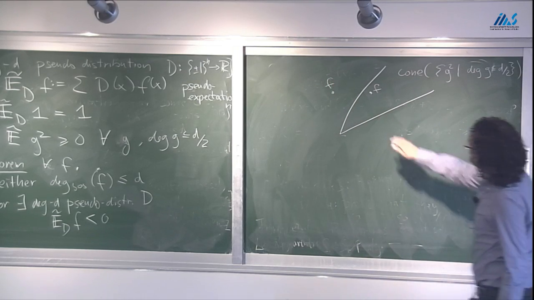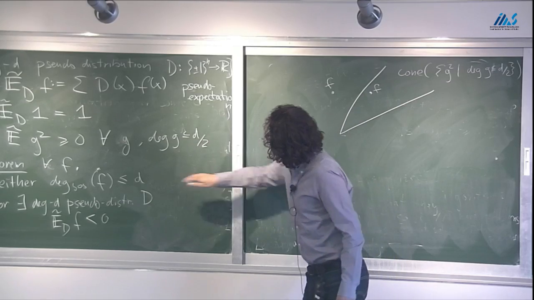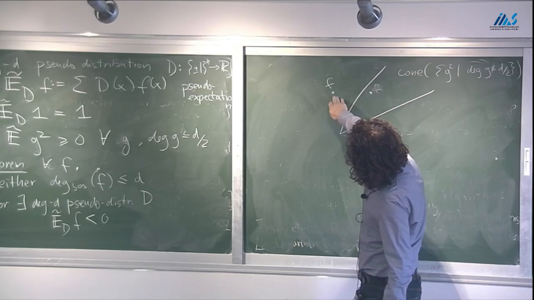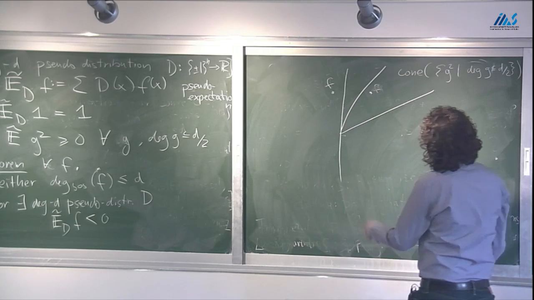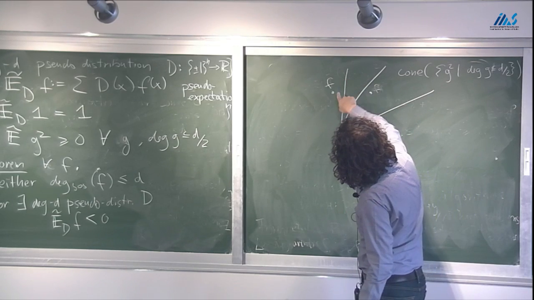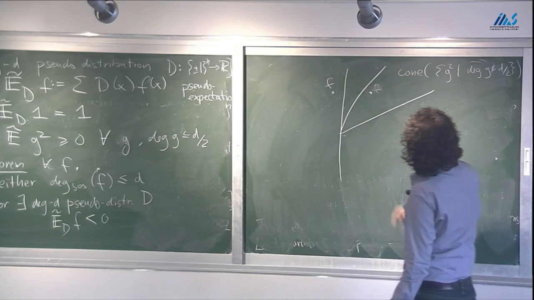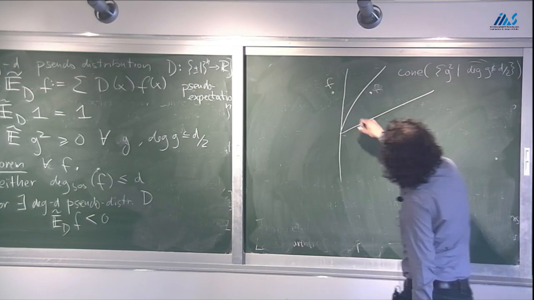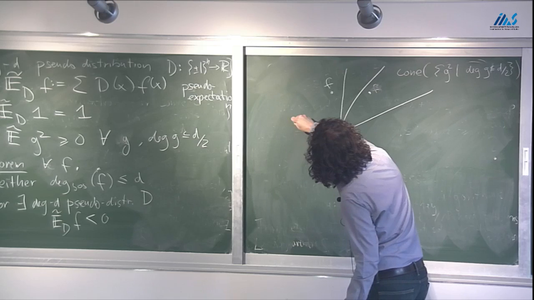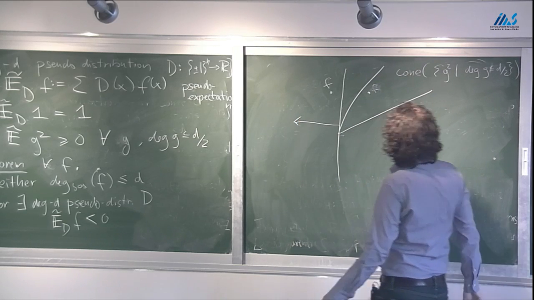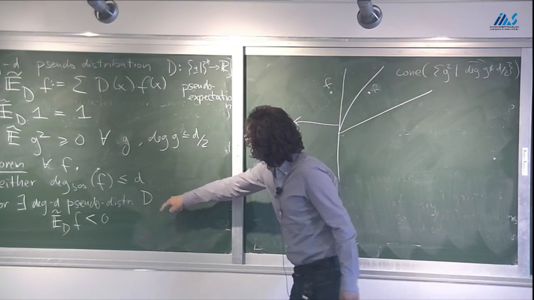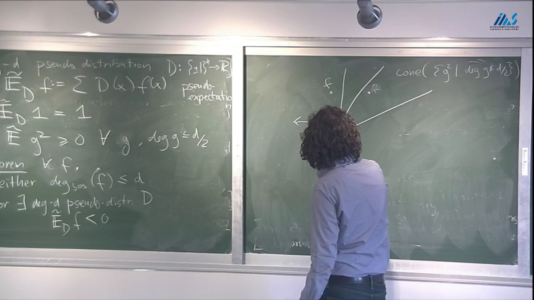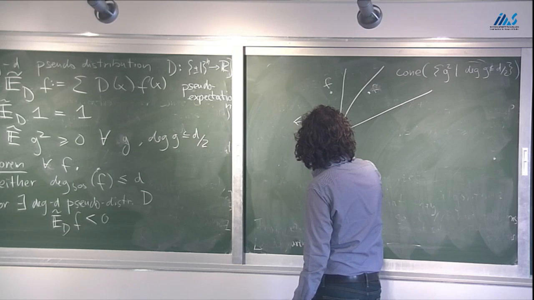If f is outside, then there's a separator through the origin, a hyperplane that separates f from this cone. And if you look at the normal of this hyperplane, that will be exactly this function capital D.